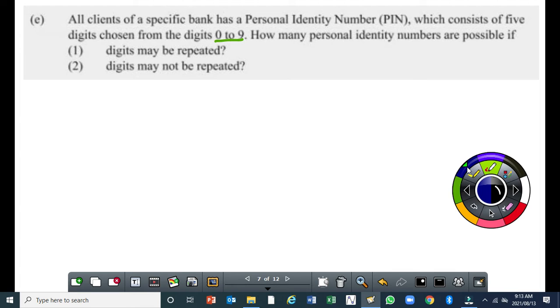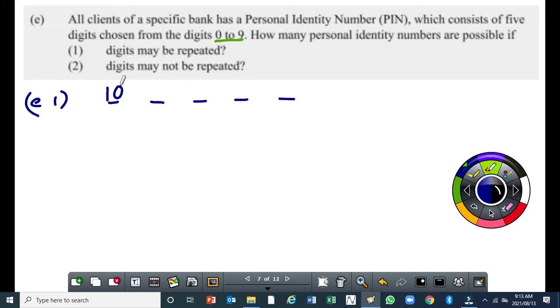So if repetition is allowed, it means if you want a 5 digit PIN, you're going to have this scenario. The first position can be occupied by all 10.